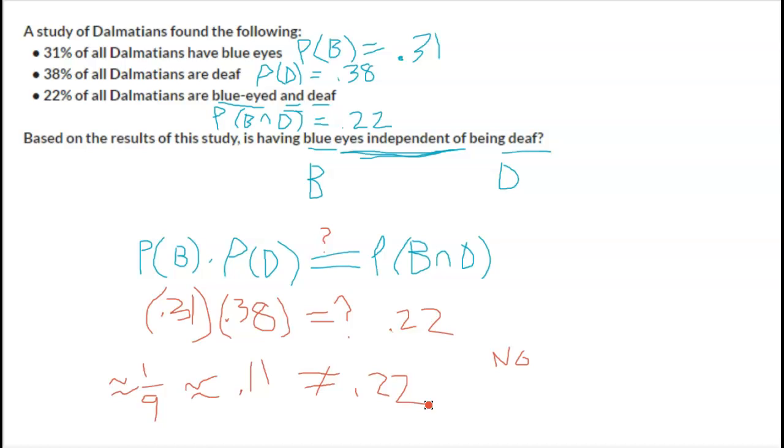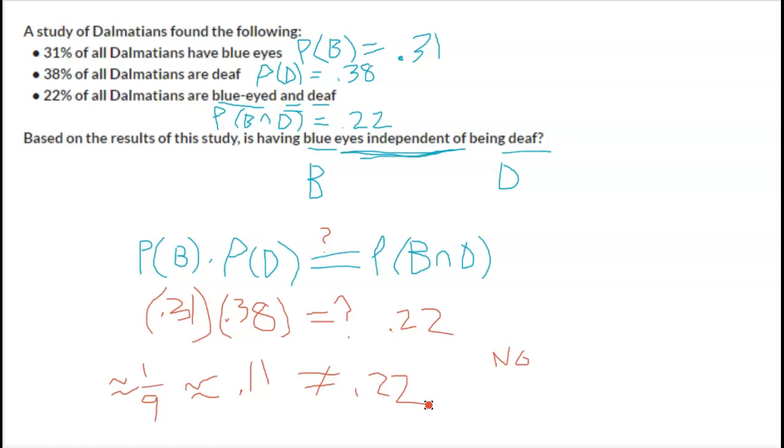And you can also say something more. You're noticing that the intersection is larger than it would have been if they were independent, right? The reality is larger. That means that these two are more likely to be together in a Dalmatian. And that suggests there's probably something possibly genetic, behavioral, something in the environment, probably genetics in this case, that deafness and blindness are perhaps close to each other in their genome.